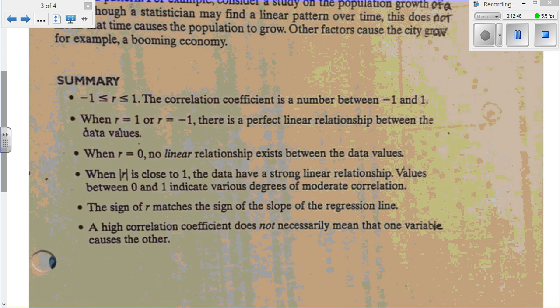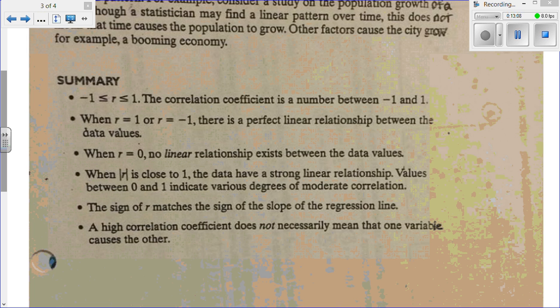So in summary, the correlation coefficient is a number between -1 and +1. It includes -1 and +1. If you end up on -1 or you end up on +1, you have a perfect linear relationship. Okay, and that's the next bullet down. The closer you are to 1 or -1, the stronger your relationship is.